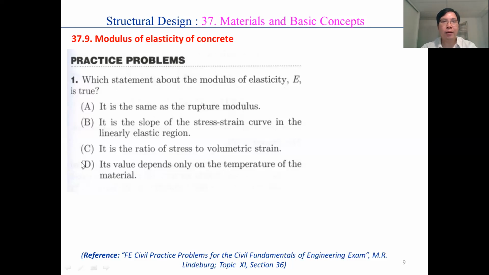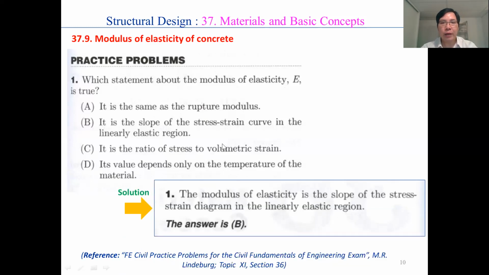So you have here 4 possible responses, and you can see in the documentation that the modulus of elasticity is the slope of the stress-strain diagram in the linearly elastic region. So you can compare with the different solutions proposed. You can see that the good answer is B.